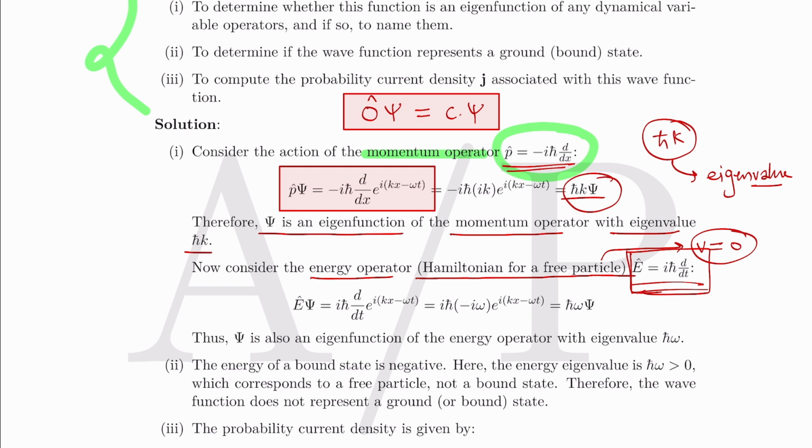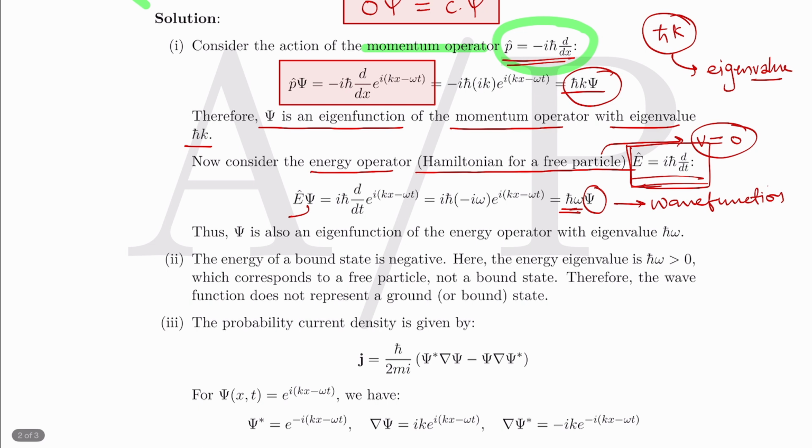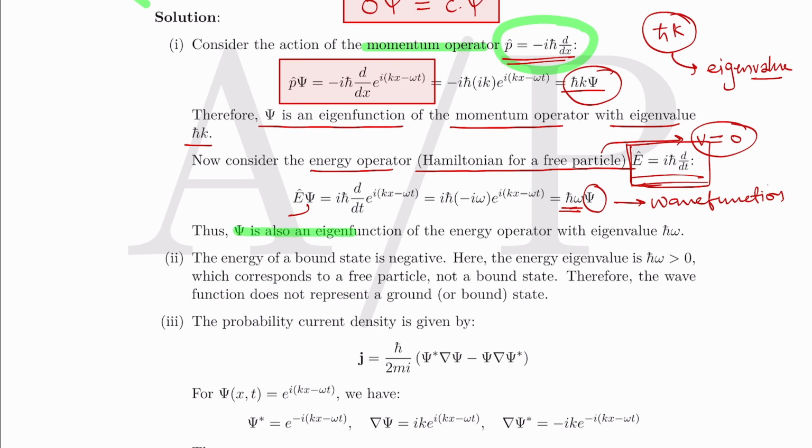When you operate the energy operator on psi, you get some constant and the wave function itself. Using the same logic, psi is the eigenfunction, this constant h bar omega is the eigenvalue, and the corresponding dynamical variable operator is the energy operator, which is the Hamiltonian. So psi is also an eigenfunction of the energy operator with eigenvalue h bar omega.